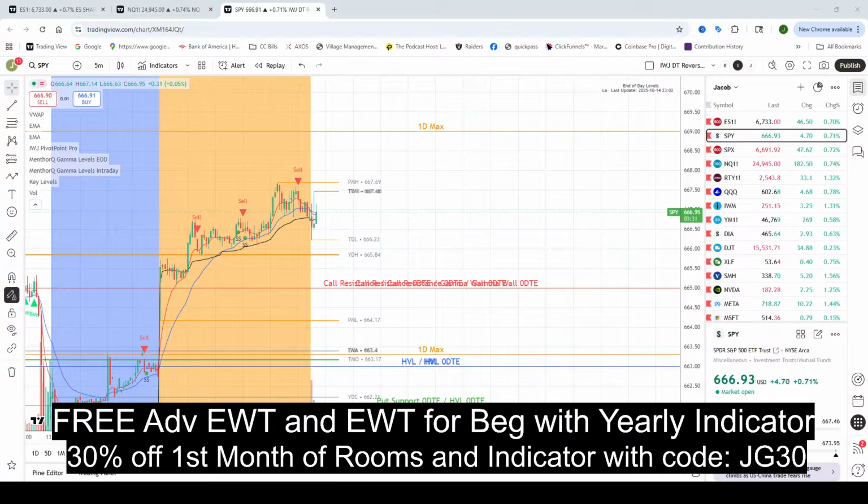I'm going to move this to 668 strike. I think it's going to be up in that range, in the 667 range before we get a call, if we get a call. So I'm sitting on a 668 strike for today. Right now, waiting to see if we get a buy signal.